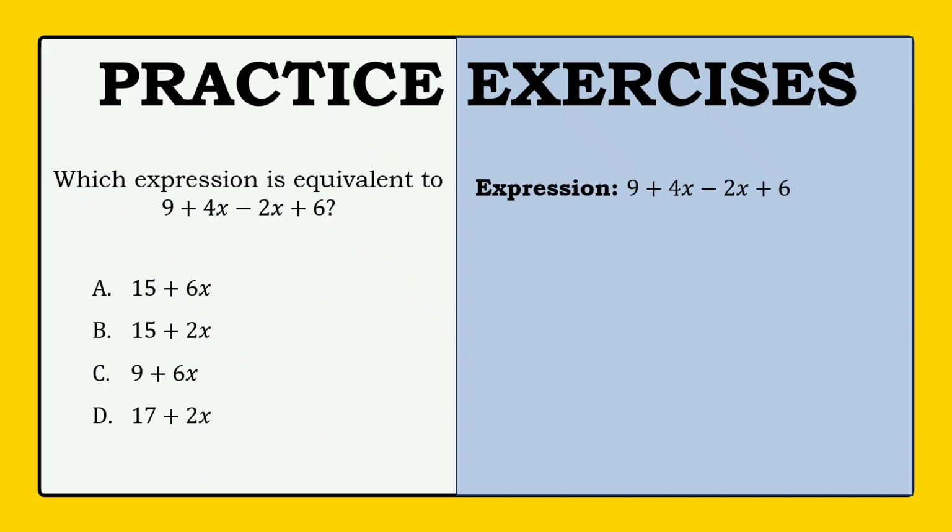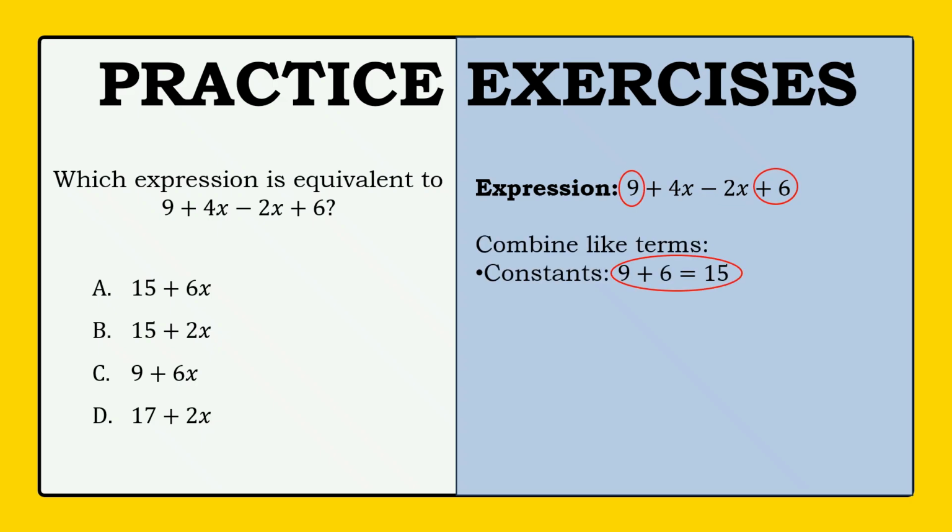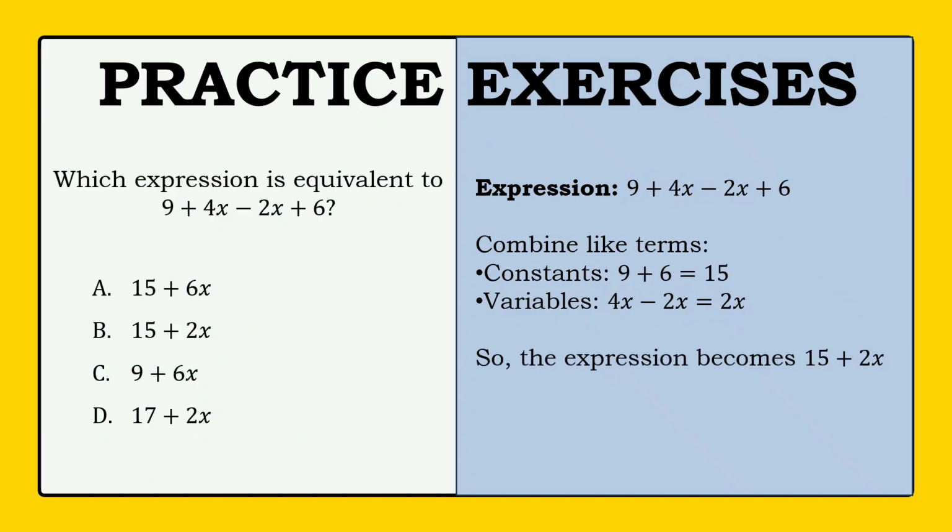In the expression 9 plus 4x minus 2x plus 6, we are going to combine like terms. First, the constants. So we have here 9 plus 6 is equal to 15. Next, the variables. So 4x minus 2x is equal to 2x. So the expression becomes 15 plus 2x, and this is letter B.